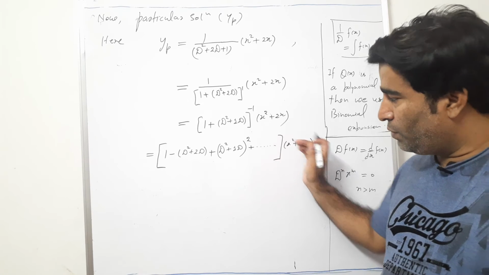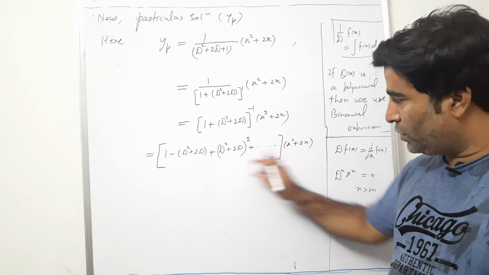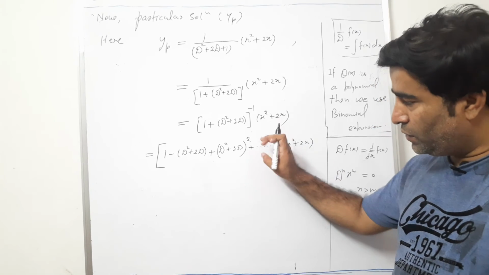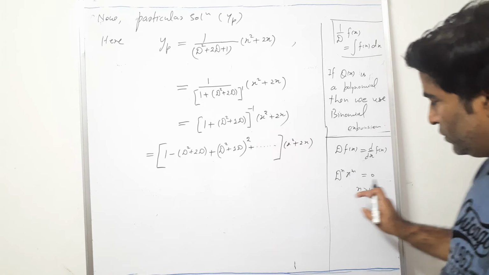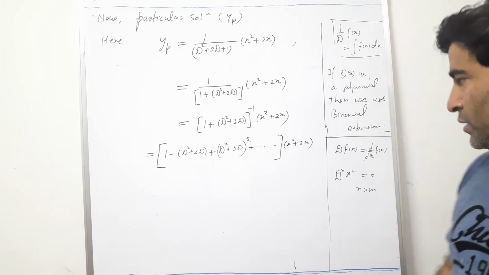When we operate this operator on this function, all those terms will become 0. Why this fact?